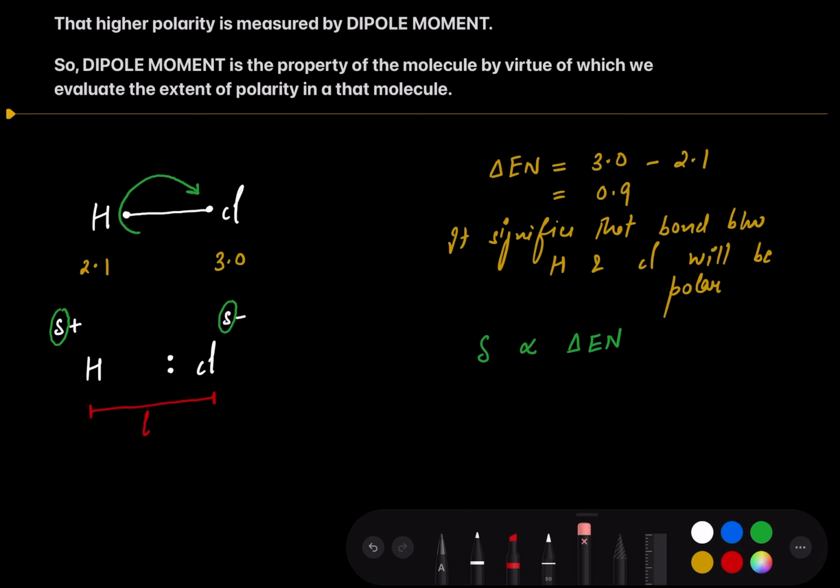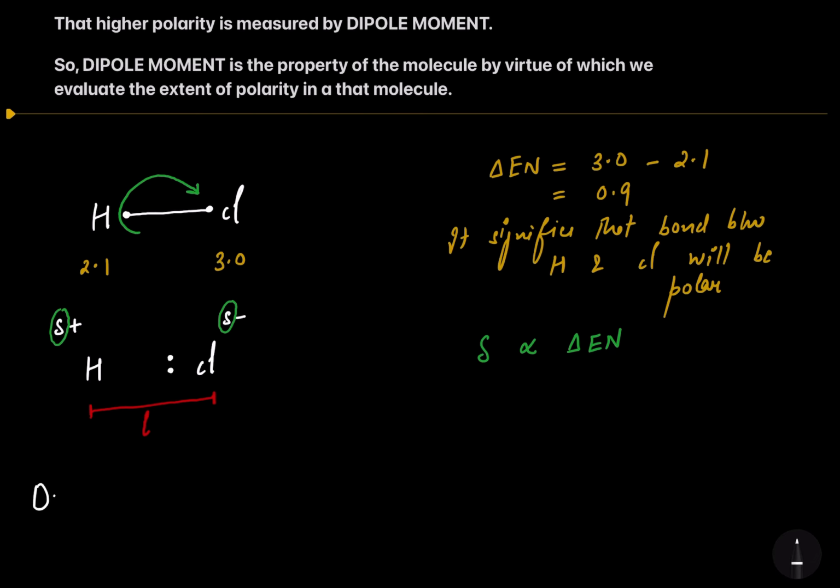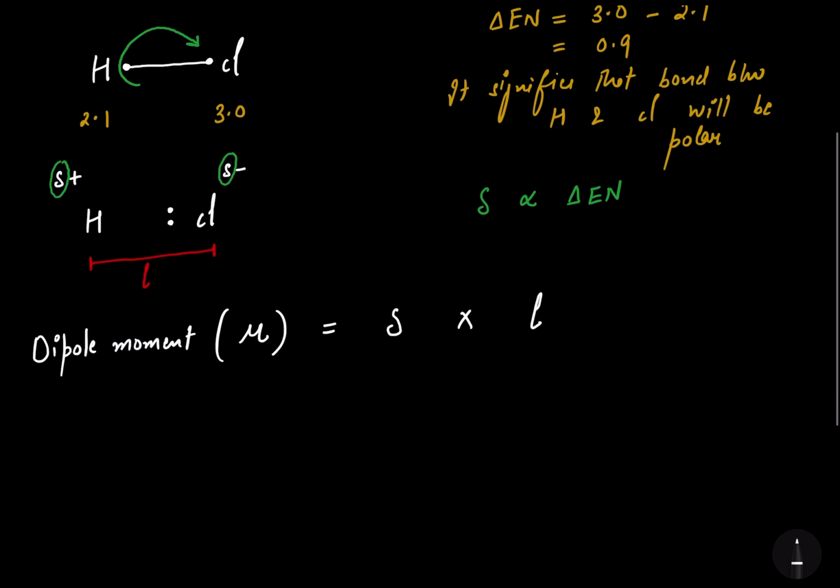Now, let's talk about dipole moment. The dipole moment has a symbol mu, and this mu will be equal to the amount of charge separated, I'm ignoring the signs, into bond length, where obviously this delta is the magnitude of charge separated.